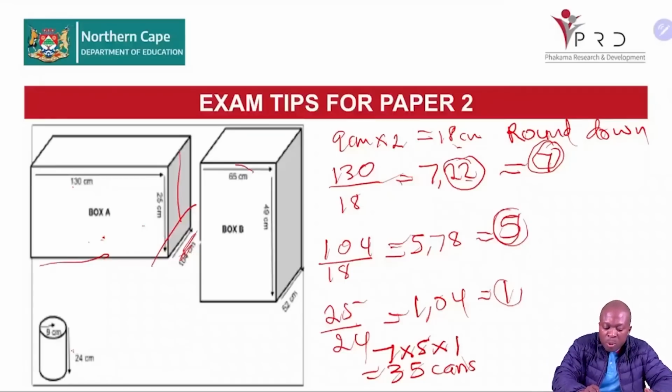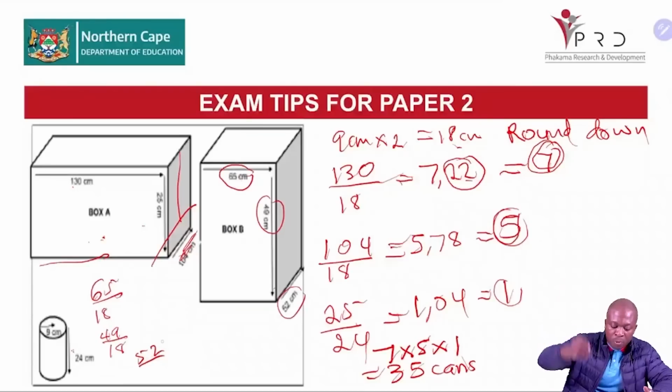Do you see box B is 65, 49, and 52? So you're going to start always with the box before the can, meaning you will take your 65, you divide it by 18. You take the next one, which is 49, you divide by the height, because we are talking of the height, which is 24.